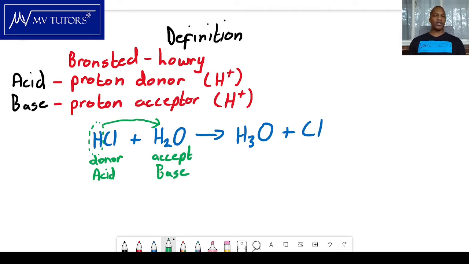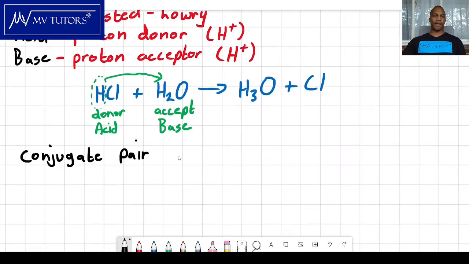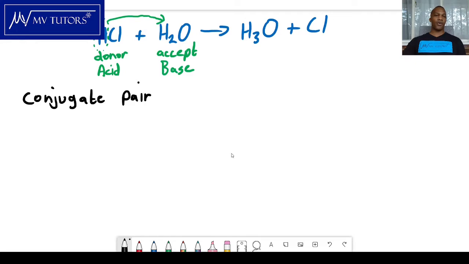While we are on these definitions of donating and accepting, I want us to do this topic called conjugate pairs. Let's get right into conjugate pairs. Okay, so there's basically two things that I want you to learn about conjugate pairs.